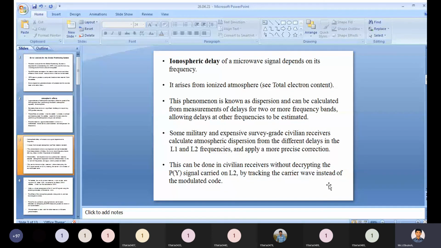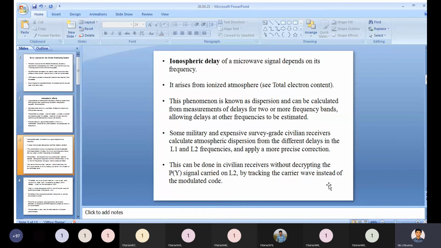Ionospheric delay of a microwave signal depends on its frequency.